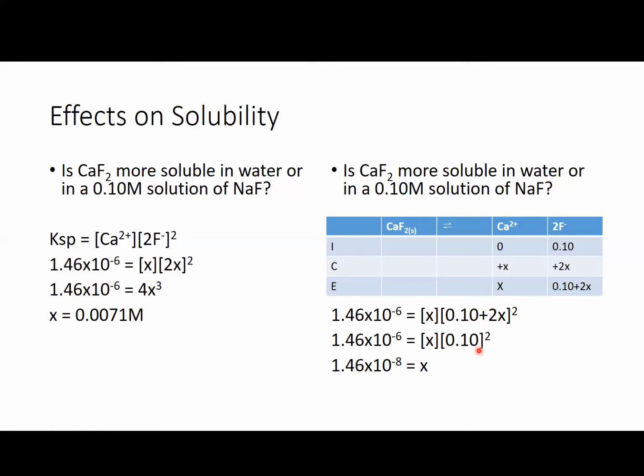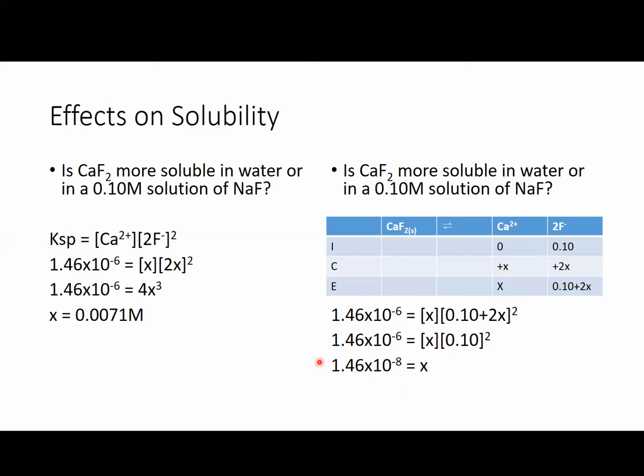So x is equal to 1.46 times 10 to the minus 8. If this x drops out of the equation, then my math gets a whole lot easier. And this solubility goes way down. Down, down, down. It was 0.0071 and now it's times 10 to the minus 8. So there's a big drop in solubility.